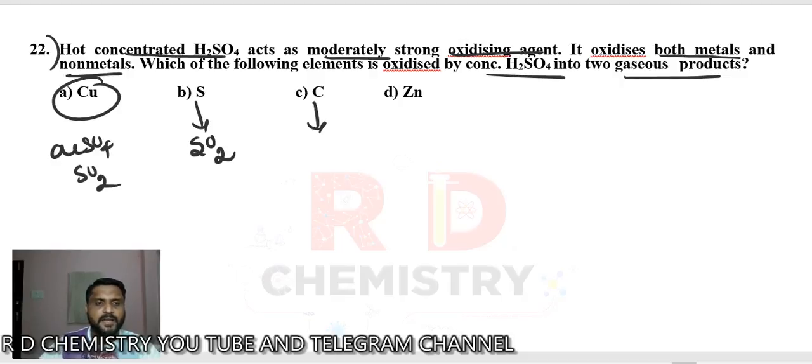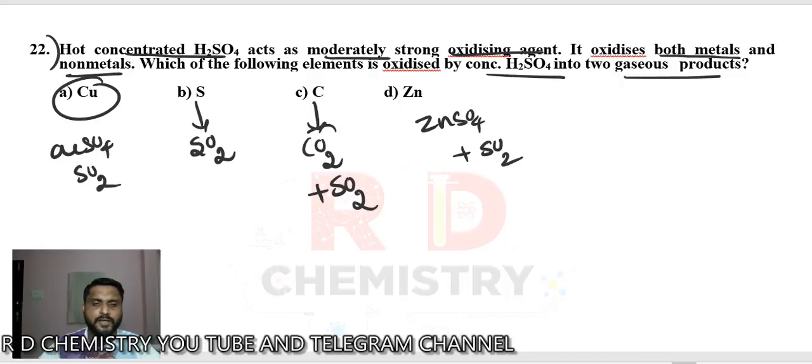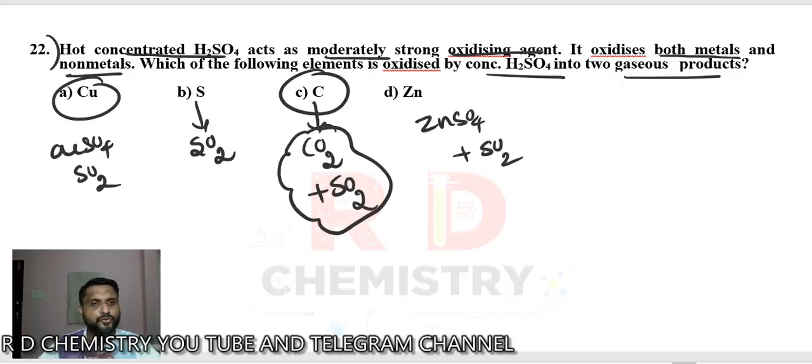In this case, carbon becomes carbon dioxide, getting oxidized, and sulfuric acid becomes sulfur dioxide. In case of zinc, zinc sulfate is formed and sulfur dioxide. Therefore, option number C has two gases, carbon dioxide and sulfur dioxide, right? So C is the answer.